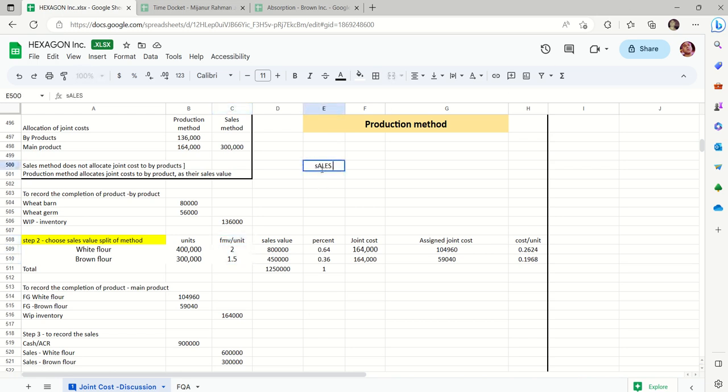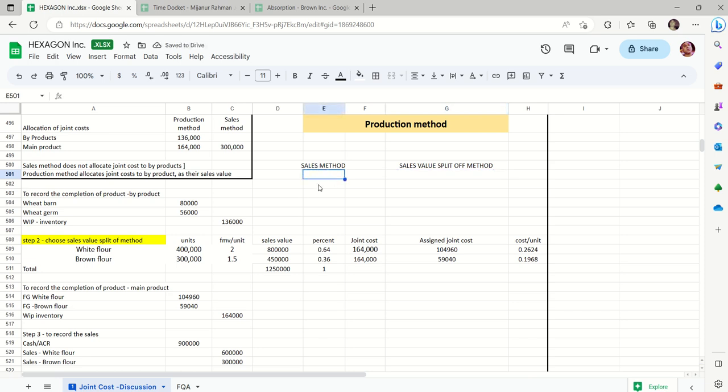Sales method and sales value split-off method.